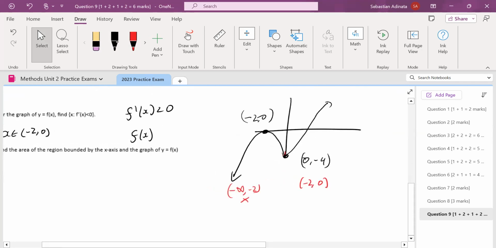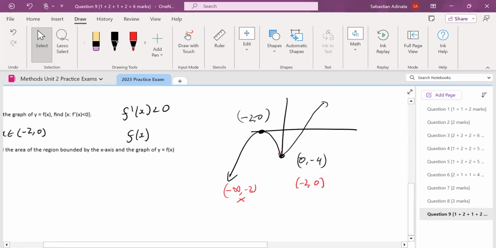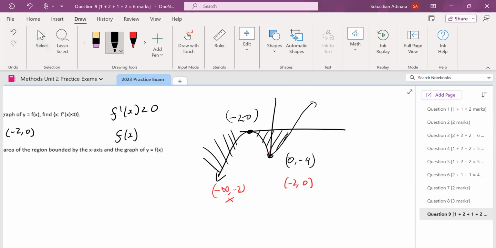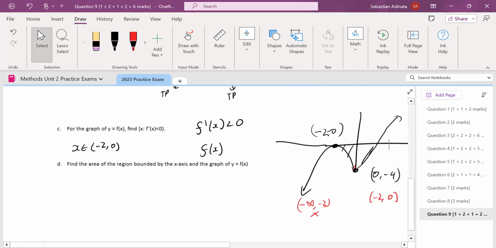So the area bounded by the x-axis and the graph of y equals f of x would be this part, because there's nothing bounded here and nothing bounded here. Here we have an enclosed shape.